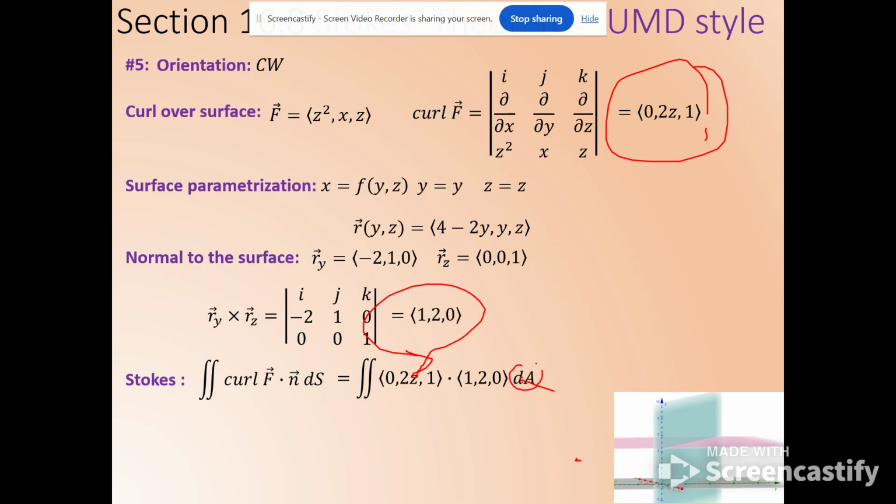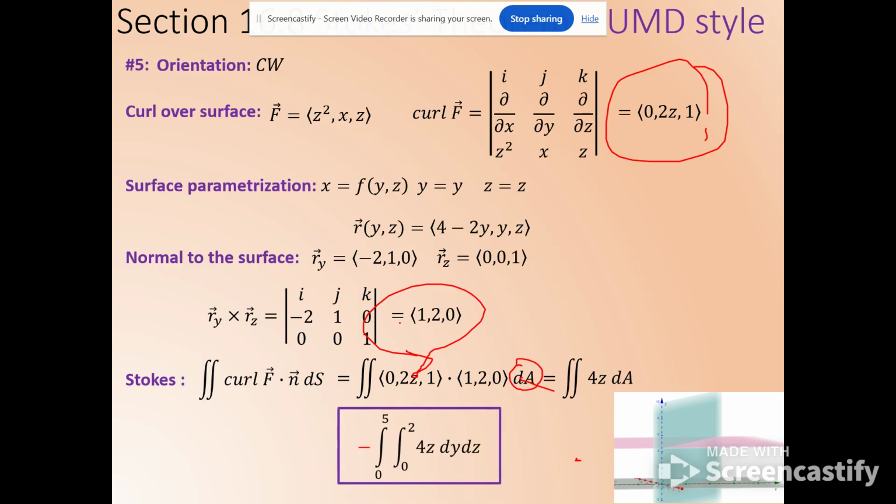And then dA is going to be my y and my z. My y's went away. I just have 4z. And then, of course, the problem gave me that my y was between 0 and 2, and my z was up to 5, right? So 0 to 5. Notice that I negated the double integral because my orientation was clockwise.